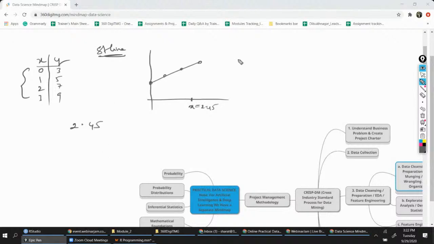In order to figure that out, we are getting this equation: y equals mx plus c. To get this, we substitute these values into the equation and figure out the equation: y equals 2x plus 3. This is what we got yesterday. Let's cross-check this. If I substitute 0 into the equation, what would I get? I would get y as 3.